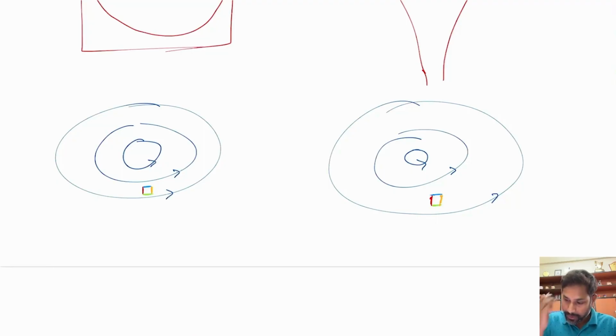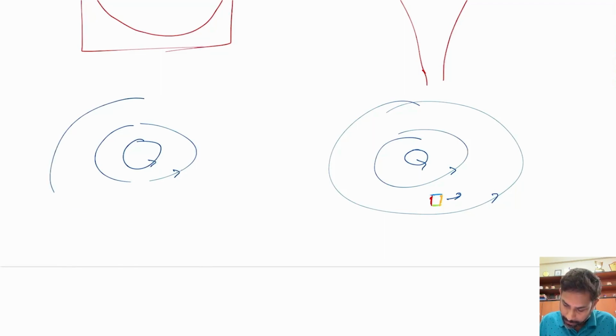Okay, and now we know that this fluid element that you see is actually having an angular motion, right? So the difference in these two cases is, I think I need to make this rectangle a little bigger for the left hand side case, because otherwise you will get confused.